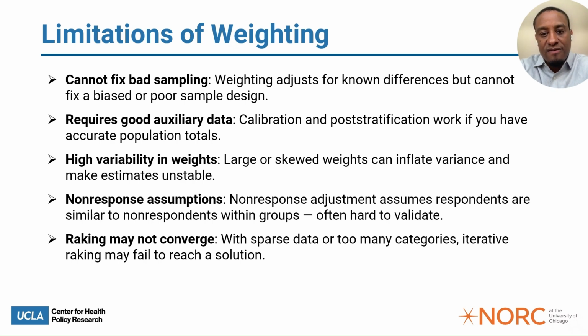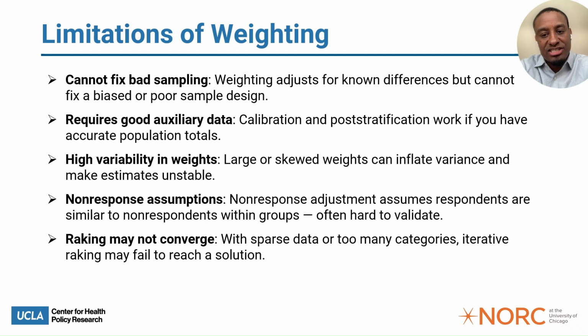The effectiveness of calibration methods like post-stratification and raking depends on having good, accurate auxiliary data for respondent and non-respondent. Having high variability in your final weights can be a problem. Very large and skewed weight can inflate the variance of your estimates, making them unstable and less precise.